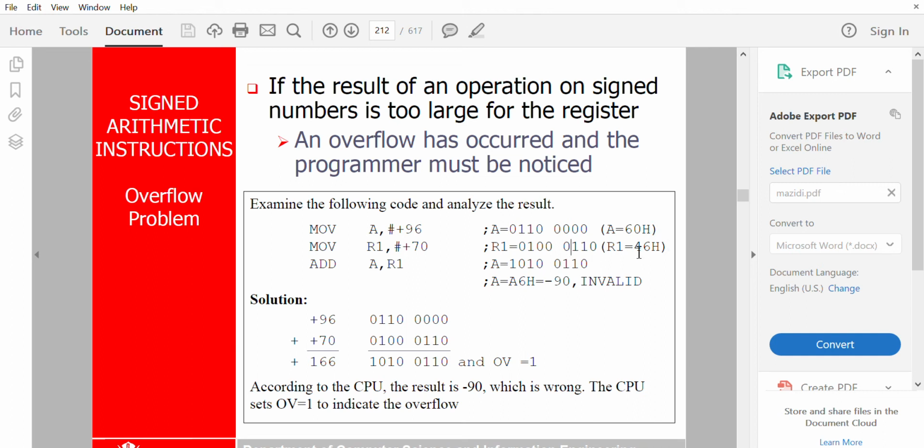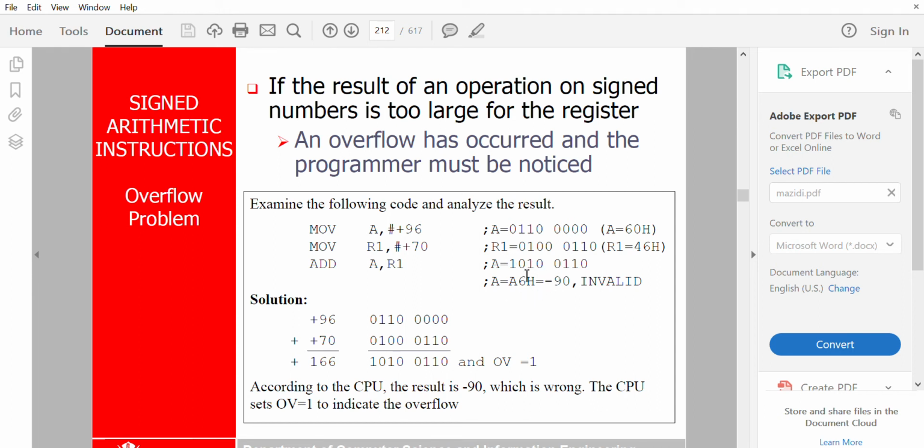So if you add these two, there will be minus 90, which is invalid because the answer is not minus 90. 60 plus 46 is 0 plus 6 is 6, 6 plus 4 is A. So that is A6.